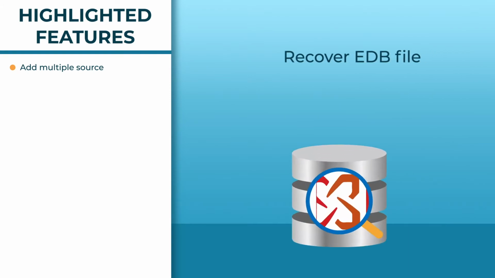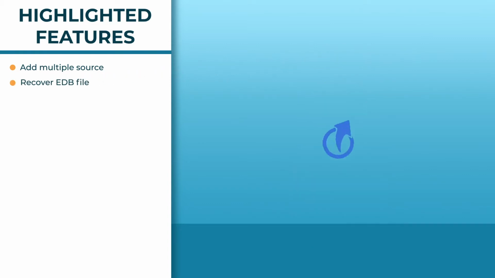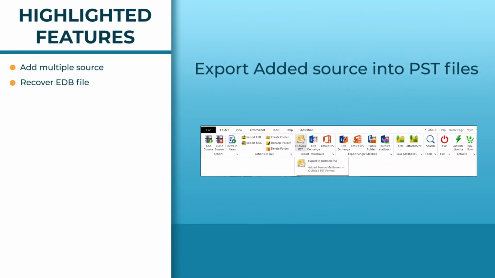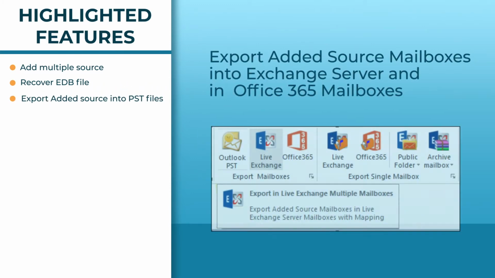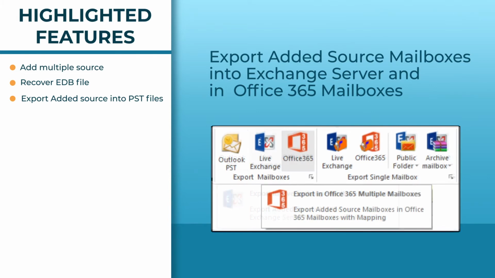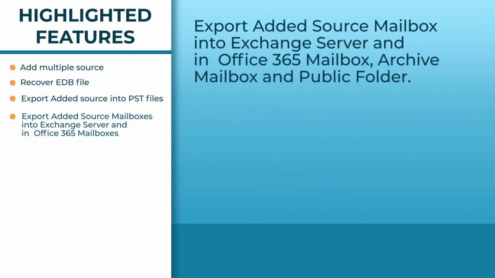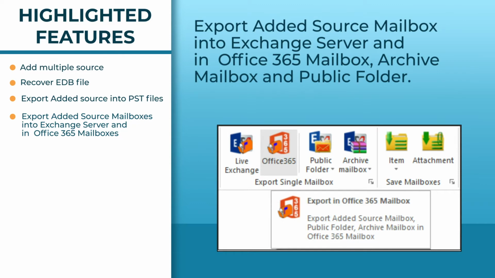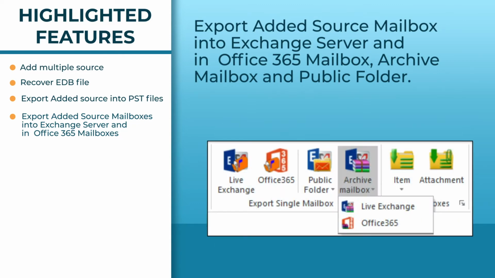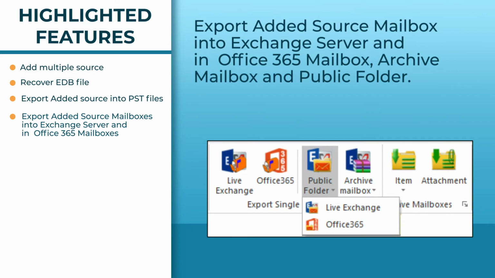And if your EDB file gets corrupted, the software also allows you to recover your EDB file. The software also provides various export options, where you can export added sources into PST files. It allows you to export added source mailboxes into Exchange Server and Office 365 mailboxes, Archive Mailbox, and Public Folder.